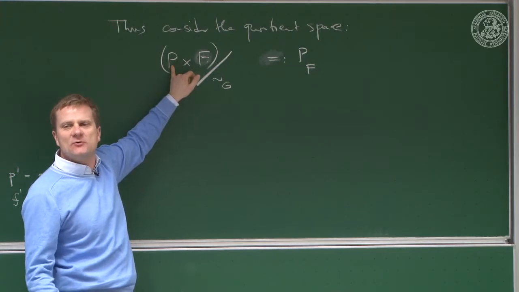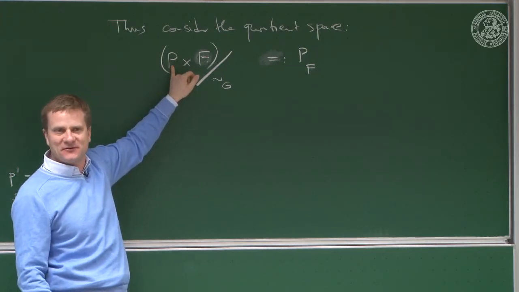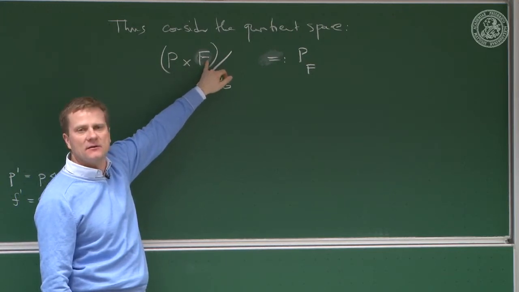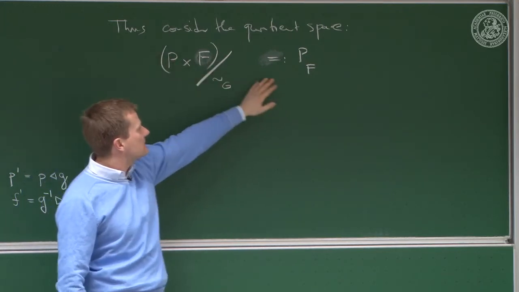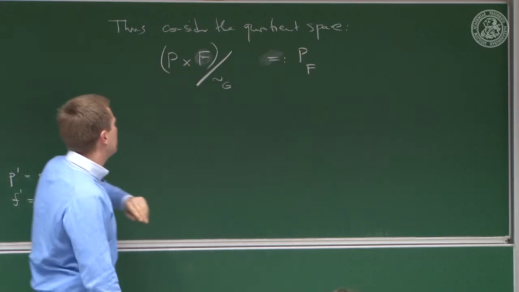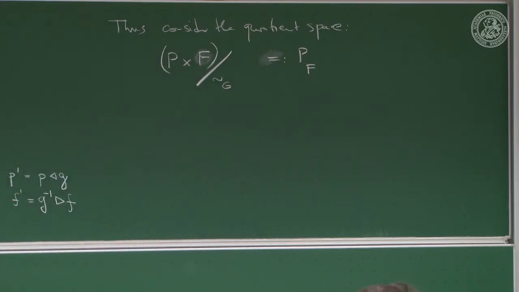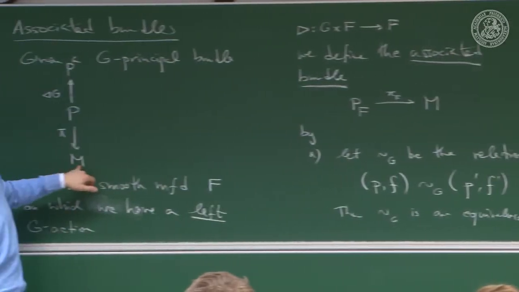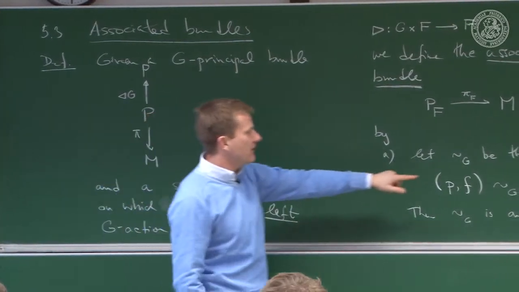Essentially only the base manifold. And now you attach to it this fiber F. So what we expect this to be is a fiber bundle. We haven't written down the projection map yet, but we expect what we constructed here, this P_F, to be the total space of a bundle over M, where the typical fiber is F.